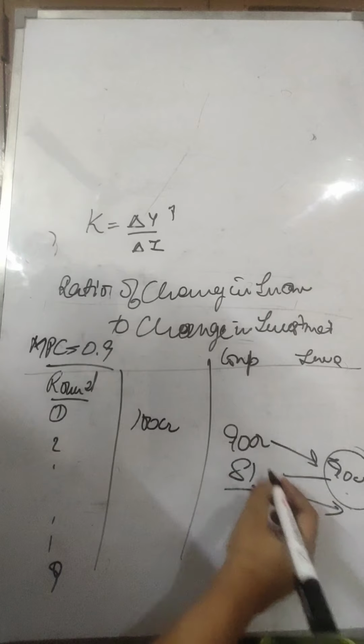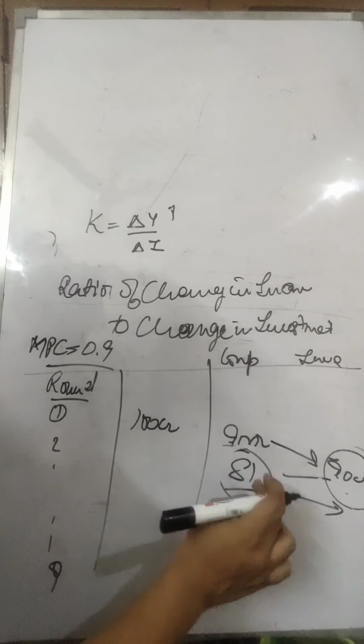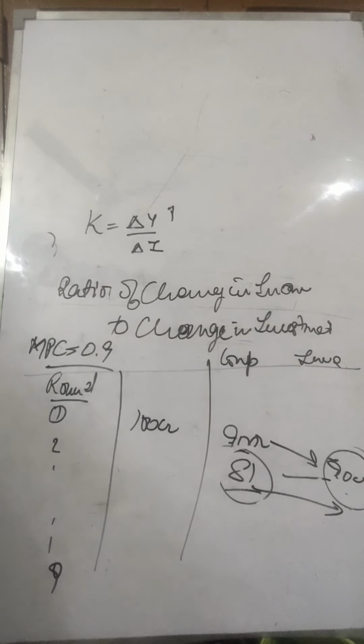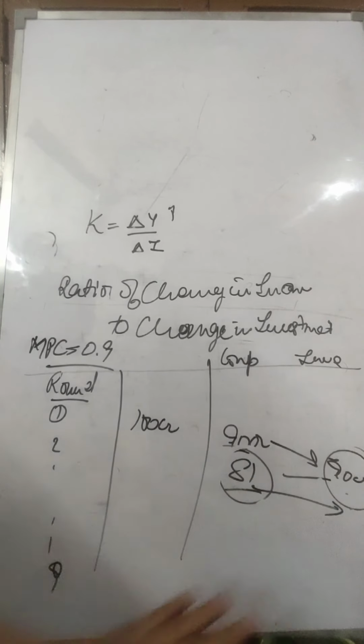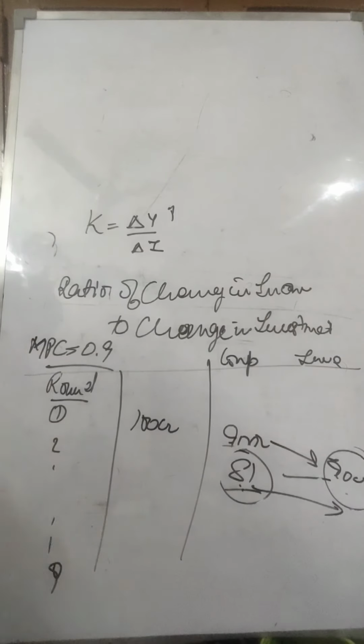As I have invested this 81, with my propensity to consume 0.9, 72.9 out of this 81 will be again consumed, and so on and so forth.